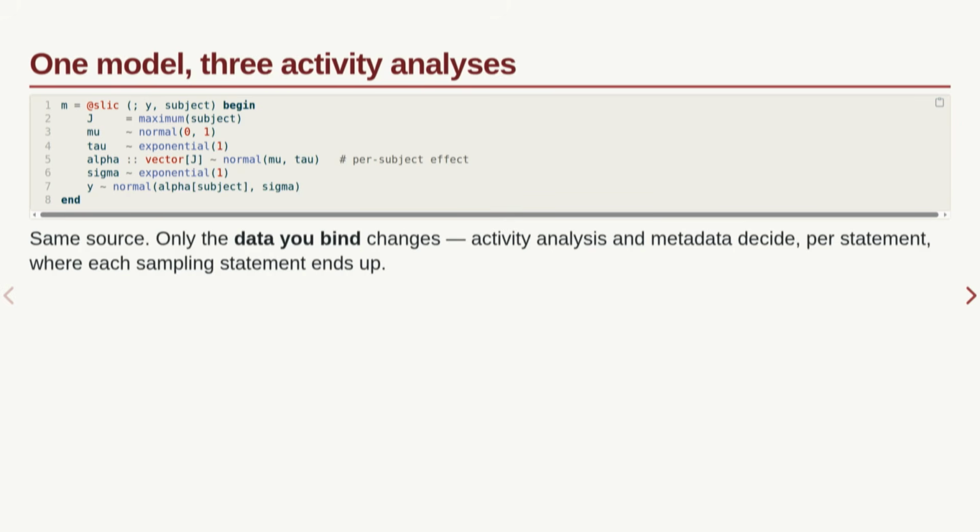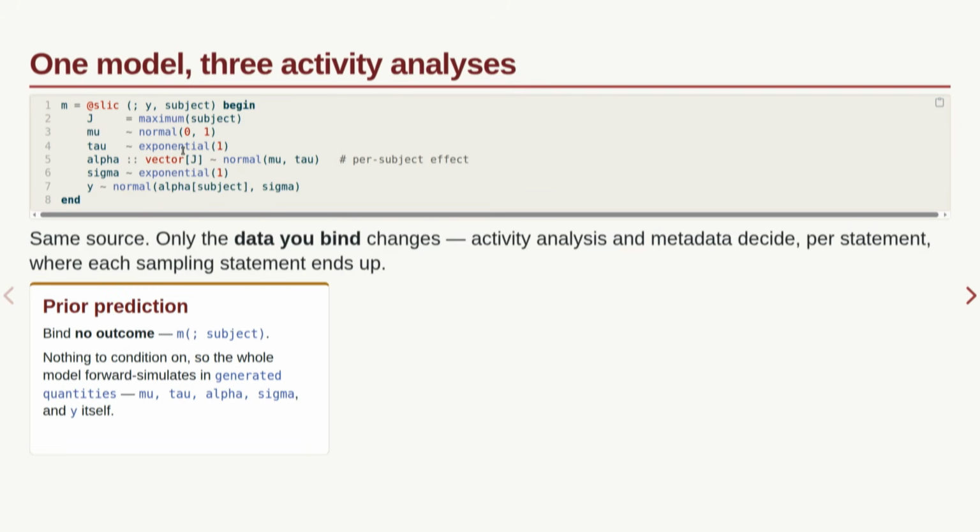And the way this works now, for example, here, the one thing is very simple, right? So basically, in this model, if you don't pass y, so if you don't pass data, then the activity tracing knows that nothing of this depends on a parameter, basically, right? So everything can just move into generated quantities.